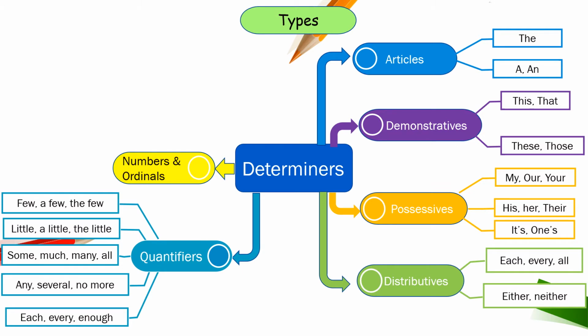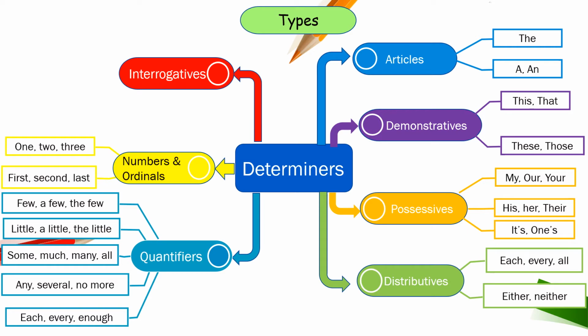Cardinal adjectives like 1, 2, 3, etc. are used in counting and answer the question how many. Ordinal adjectives like first, second, third, fourth, etc. denote the position or order of a person or thing in a series. For example, Ram is sitting in the third row.